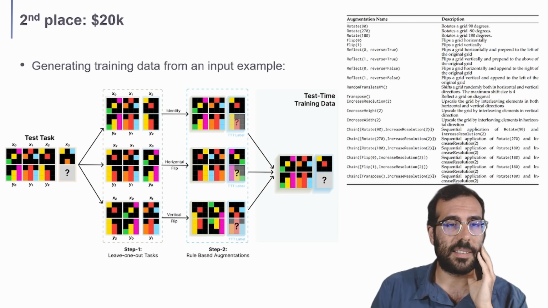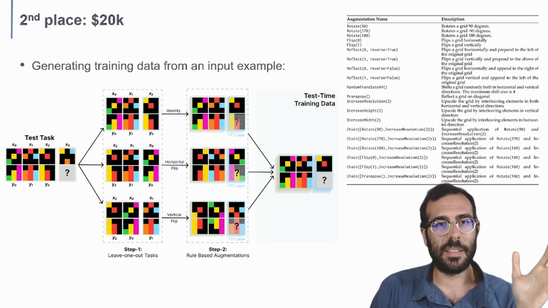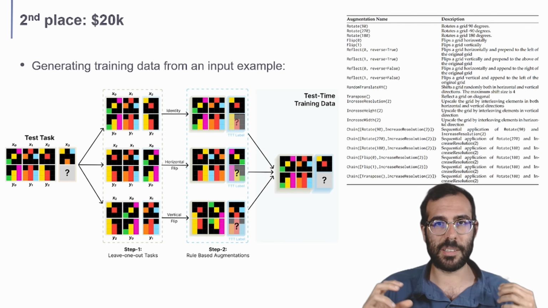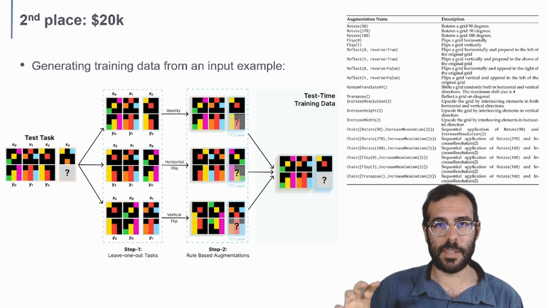So you have this leave one out task generated in this way, and for each one of these tasks you know the solution, and so you can fine tune the network on them.